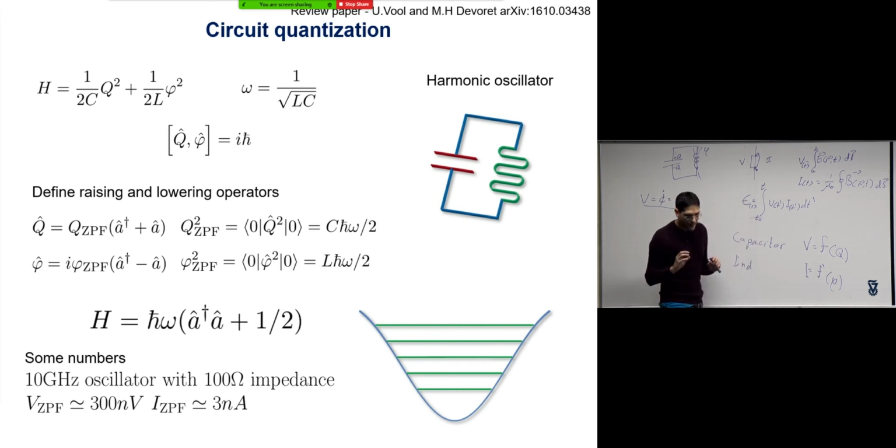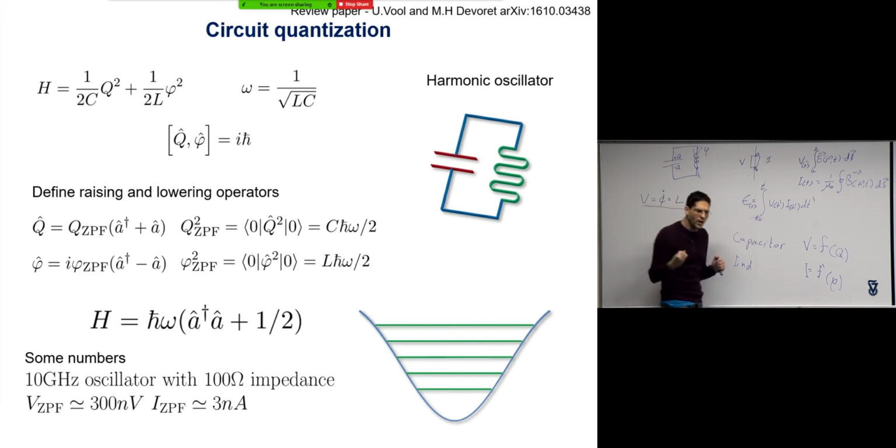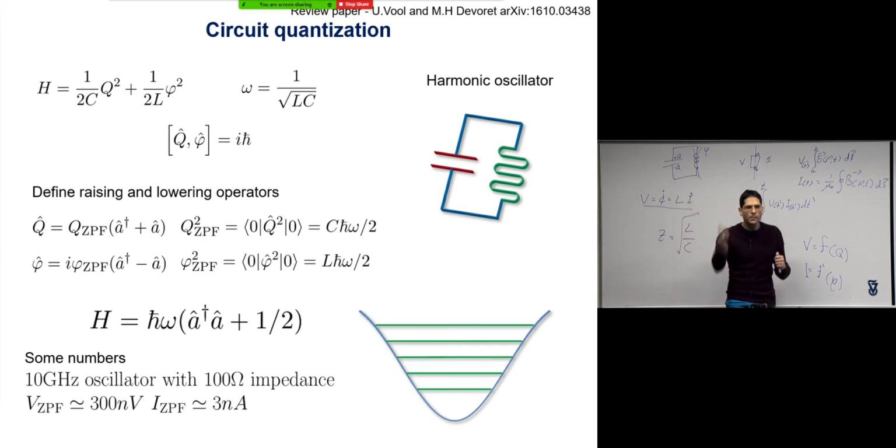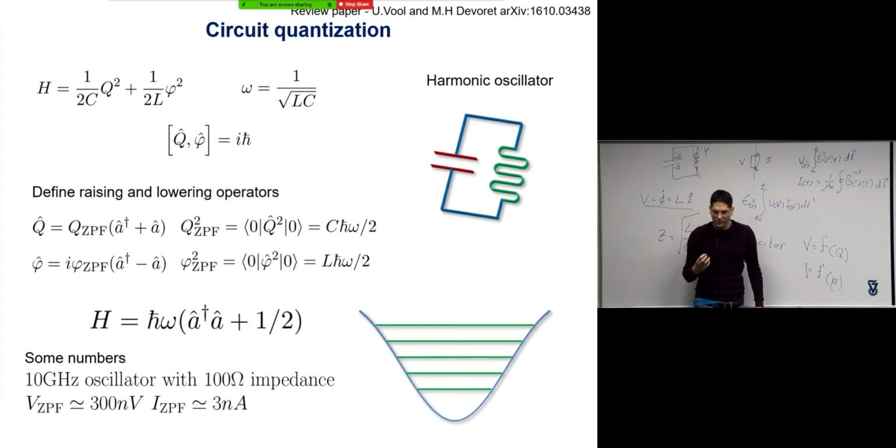Okay? But any dynamical variable that you will have once you quantize, because you imposed these commutation relations, you're going to have zero-point fluctuations. And the zero-point fluctuations basically tell you the variance of this dynamical variable.